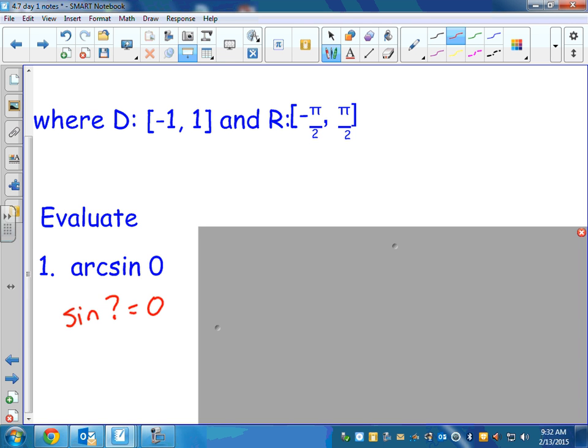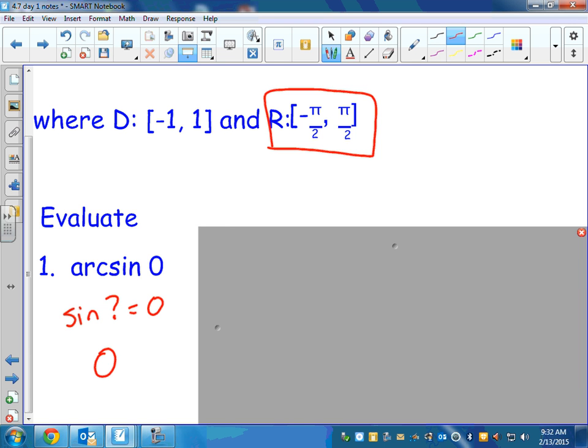We could say 2 pi. All of those are true, right? But you have to only give me answers in this restricted range. So 0 is the only answer between negative pi halves and pi halves that has a sine of 0. So you have to remember that your answer is angle, which in this case is 0. What would you say? You just say 0. The arc sine of 0 equals 0.